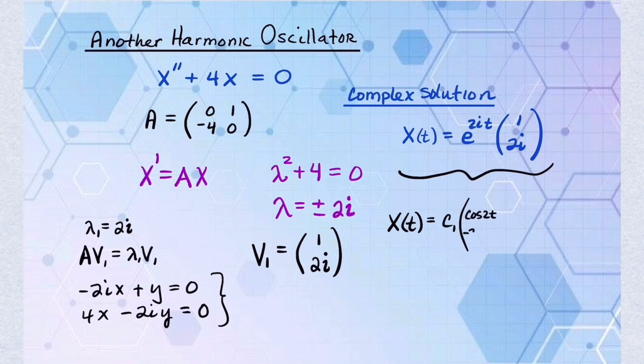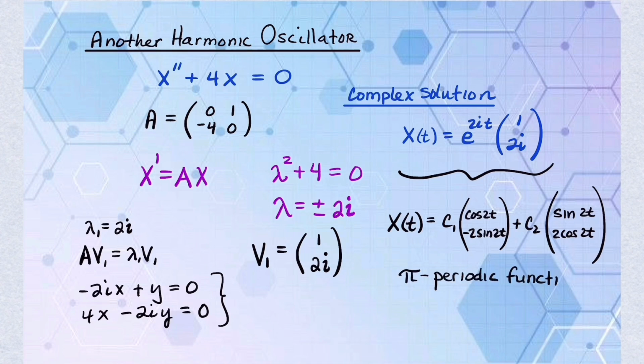Separating into its real and imaginary parts, we can get our real and imaginary vector parts that we can put into, and that we also see are pi periodic, given the nature of their arguments.